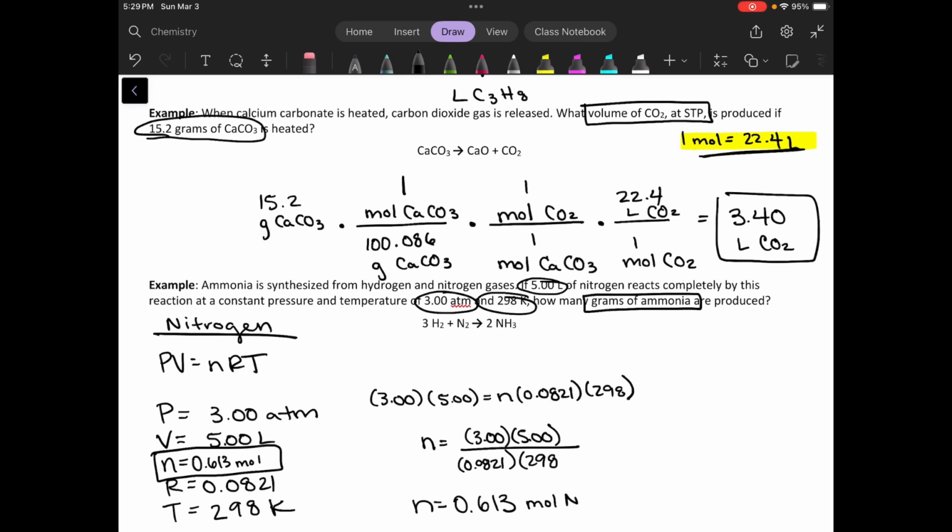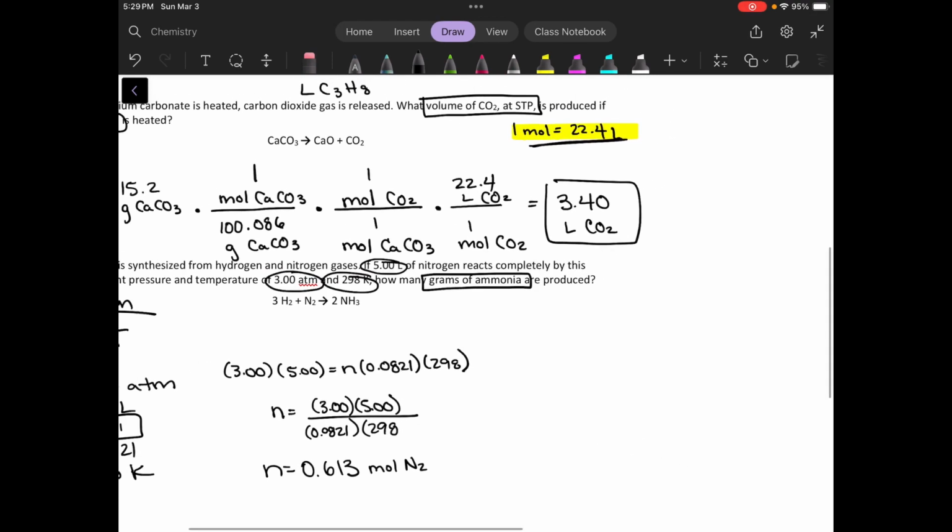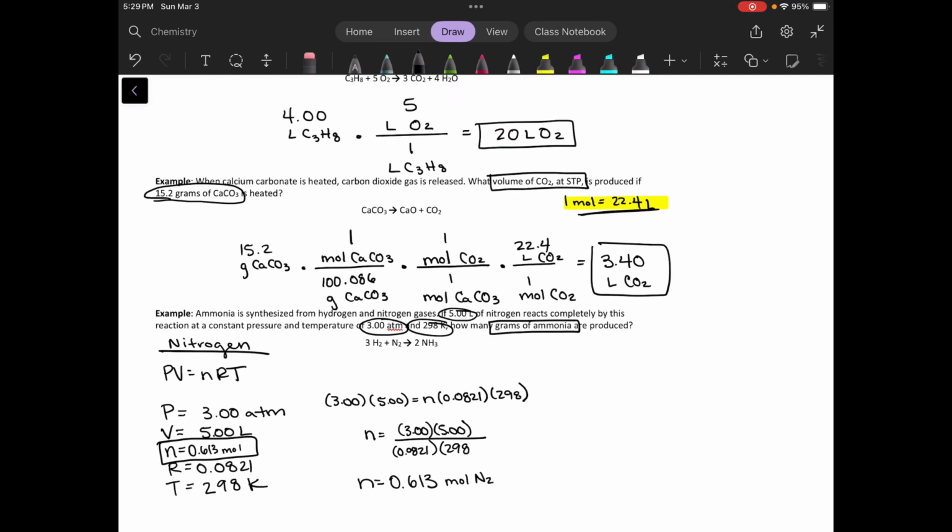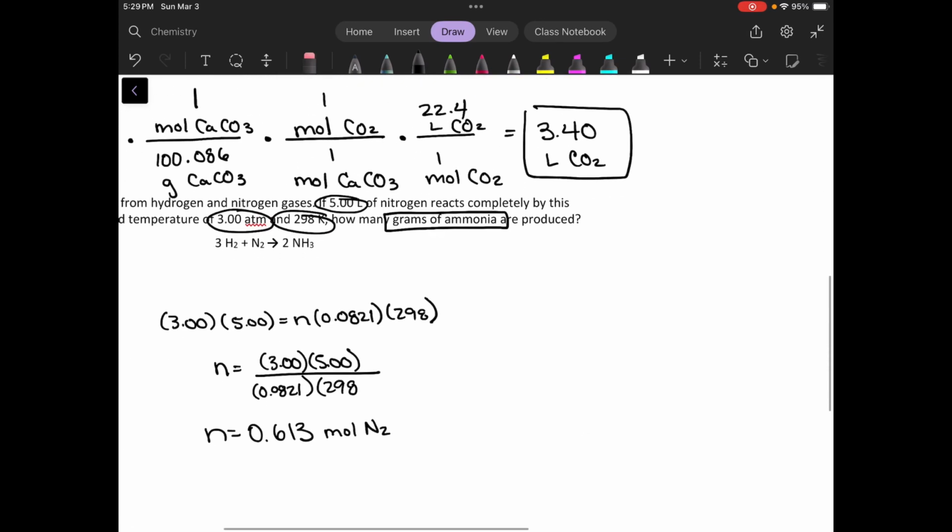So all this was for nitrogen. Okay, so now we have moles of N2. So we're going to need to find grams of ammonia. Okay, so our starting number.